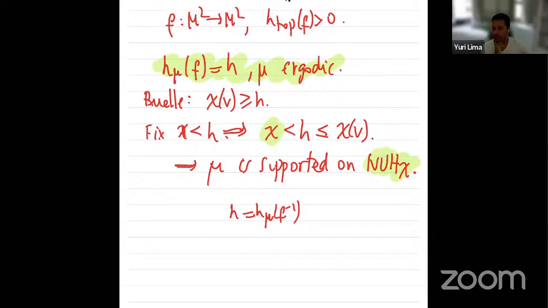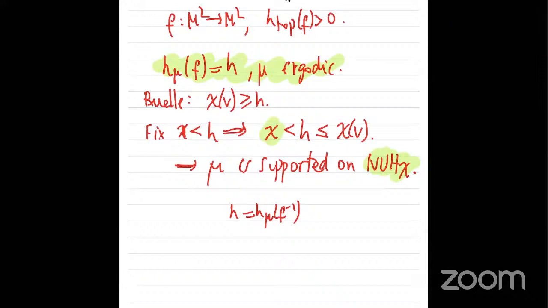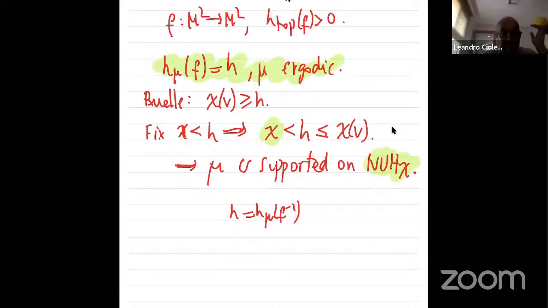I saw that Leandro and Ali also wanted to ask questions. I'm just going to ask whether you are going to talk about the case where we have singularities in this situation.